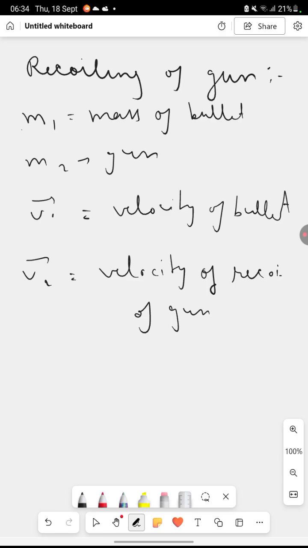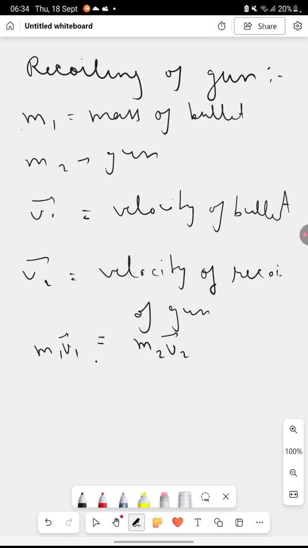The linear momentum of the bullet is m1 v1, and that will be equal to the linear momentum of the gun, m2 v2.